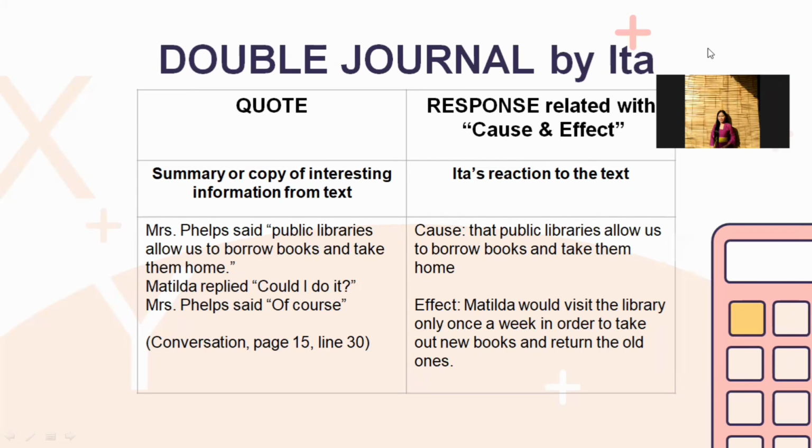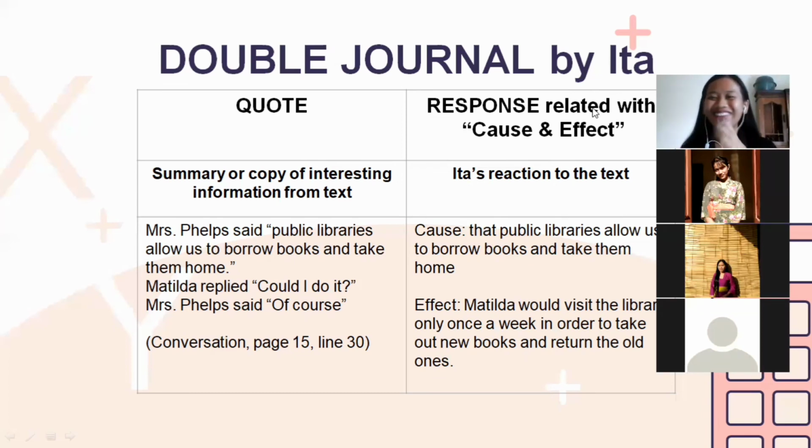And the response relates to cause and effect. The cause is that public libraries allow us to borrow books and take them home. And the effect, Matilda would visit the library only once a week in order to take out new books and return the old ones. I think that's all from me, Miss.